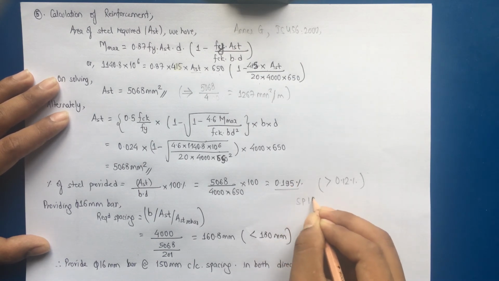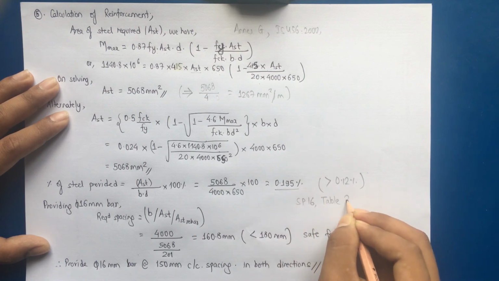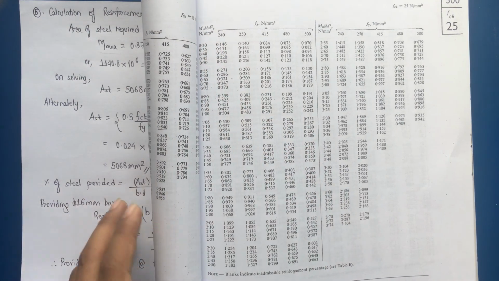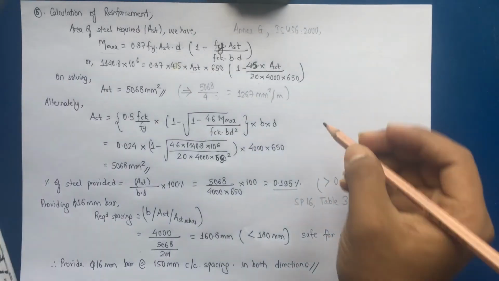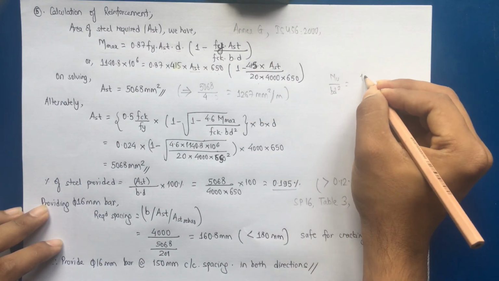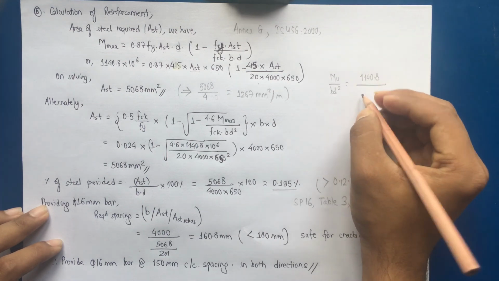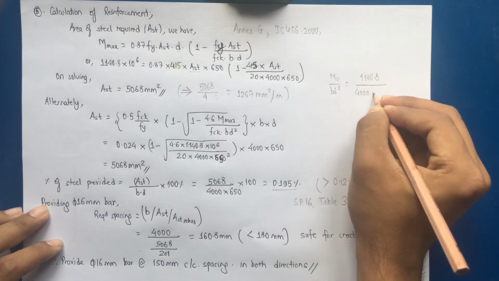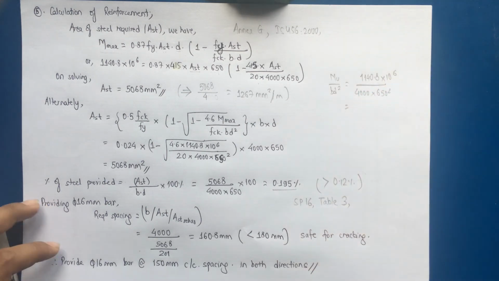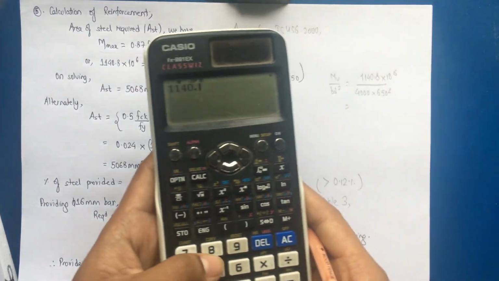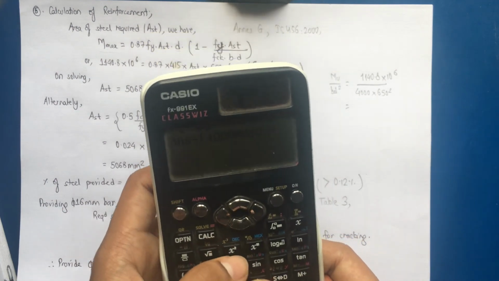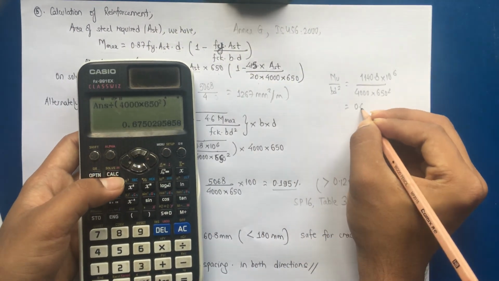So from SP16 table 3, Mu by bd square, let us calculate this first. Mu by bd square is equal to, so Mu is 1140.8, bd square, so this is 4000, d is 650 square, and we have to convert this into Newton mm. 1140.8 into 10 to the power 6 divided by 4000 into 650 square, so this comes at 0.67.